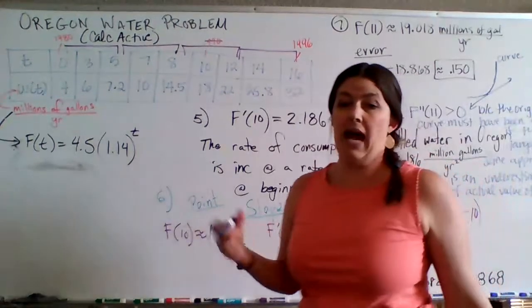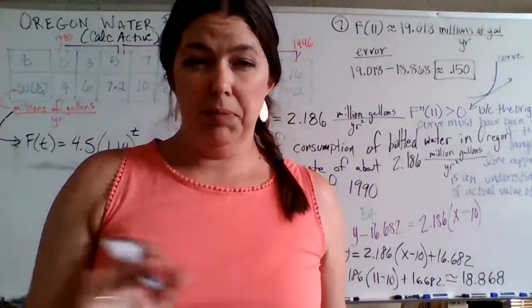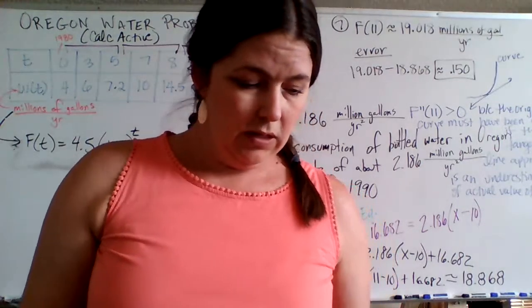So at least in that interval, we must have had something that was concave up. So the tangent line would be below. Okay, so there's number 7.